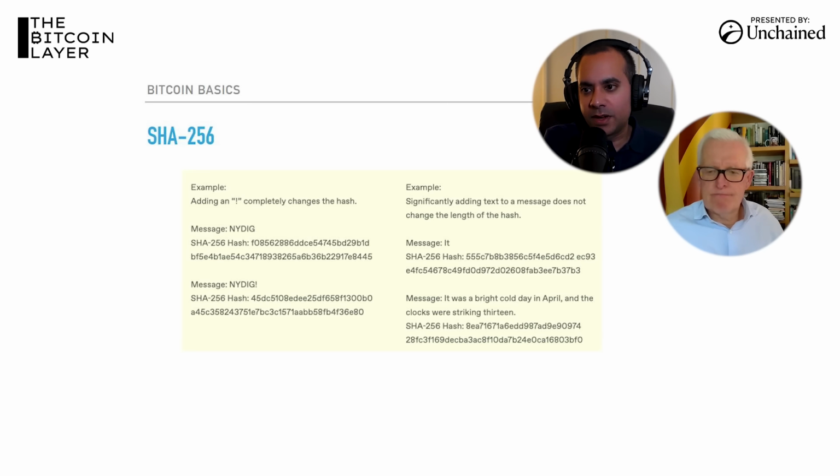It was a headline from the Times newspaper, Times of London, January 3rd, 2009, Chancellor on brink of second bailout for banks. So right in the middle of the 2008 financial crisis, second bailout for banks, a headline in a British newspaper. And that headline, the date, the name of the newspaper, were all inserted into block number 1 of Bitcoin's blockchain.